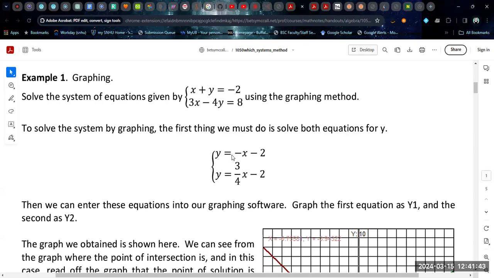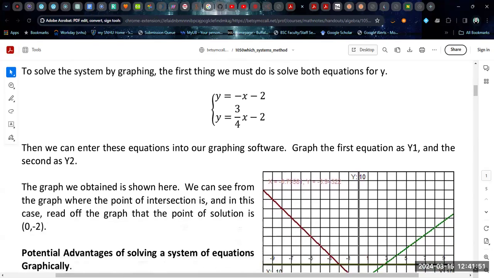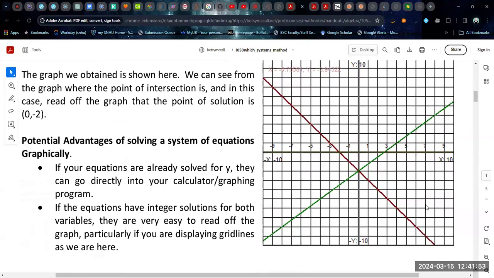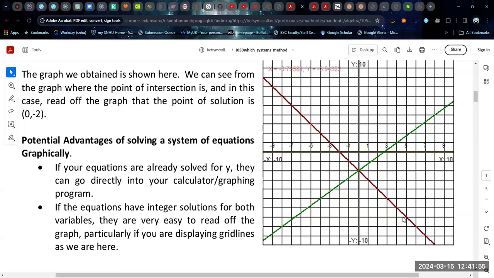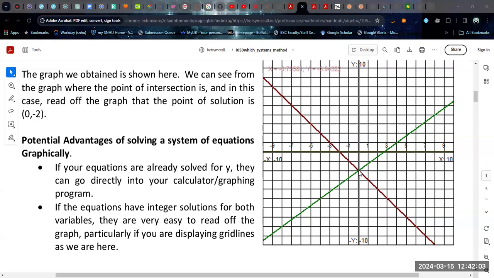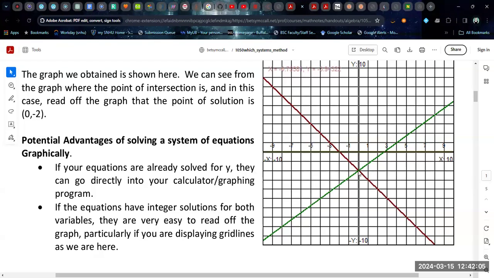And so we're going to enter the first equation into our y1 screen on our TI calculator, and the second equation into y2. When you do that, you get 2 lines on your graph. Then you identify the point on the graph where the 2 lines cross each other, which in this case, you can see clearly is the point (0, -2).